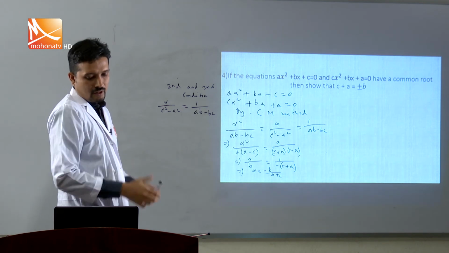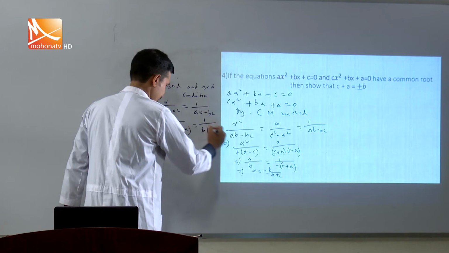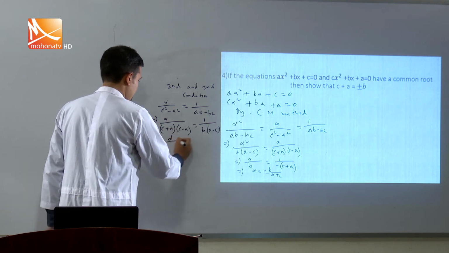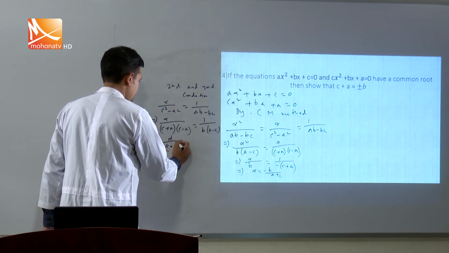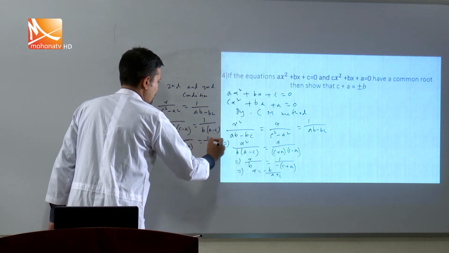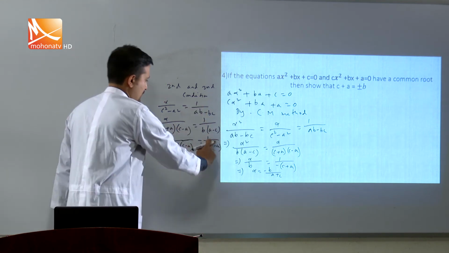Alpha divided by c square, a square minus b square form, or alpha divided by (c plus a) into (c minus a) equals 1 by b, common a minus c, or alpha divided by (c plus a)(c minus a) equals 1 by minus b into (c minus a).